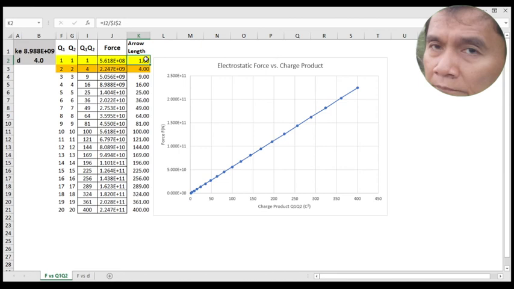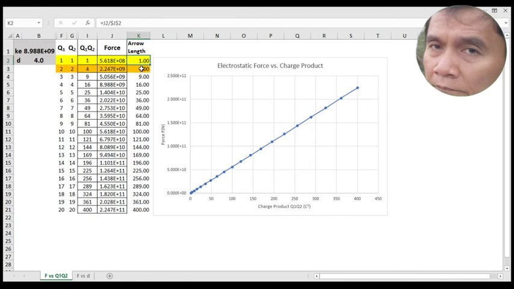Okay? So, when both your charges are 2, which is the next case, Q1 Q2 would then be 4 Coulomb squared. So, the force acting on that one will be 2.24 times 10 to the 9, or about 4 times the length of the original arrow.